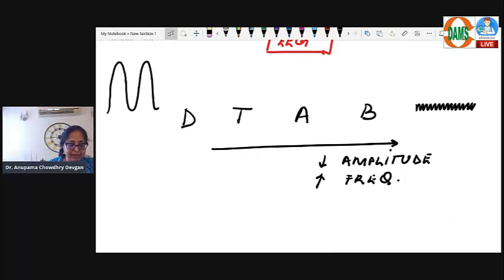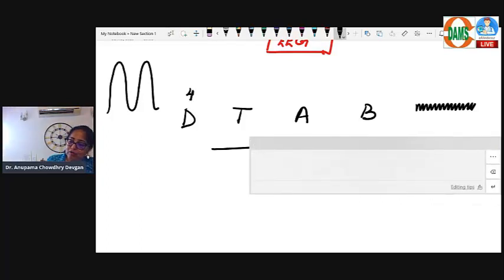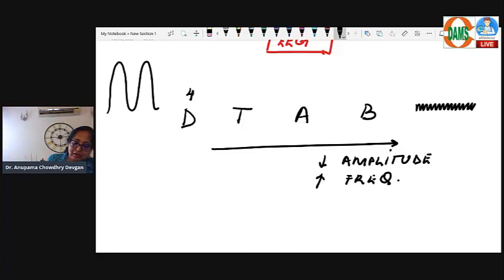And to remember the different frequencies, remember your table of 4. 4 ones are 4, 4 twos are 8, 4 threes are 12, 4 fours are 30.